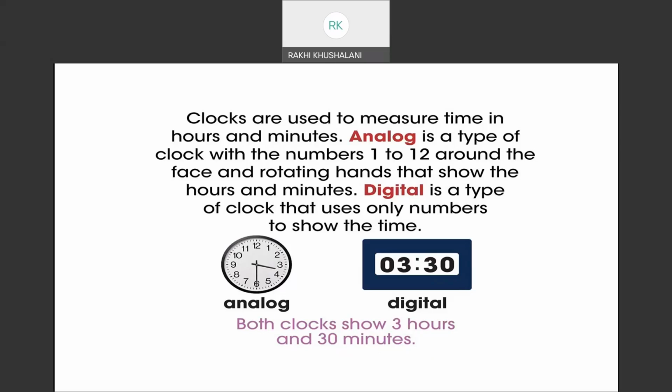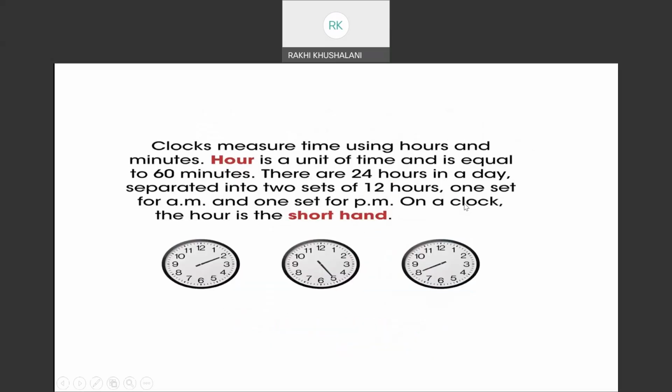Now, clocks measure time using hours and minutes. Hour is the unit of time and equal to 60 minutes.